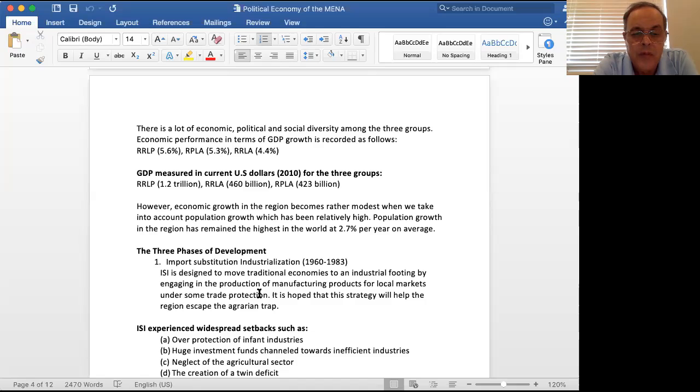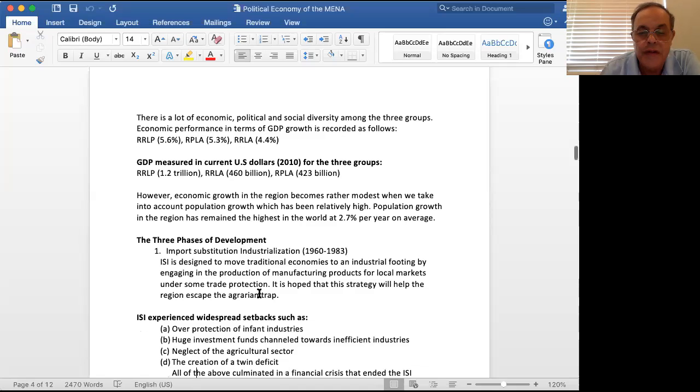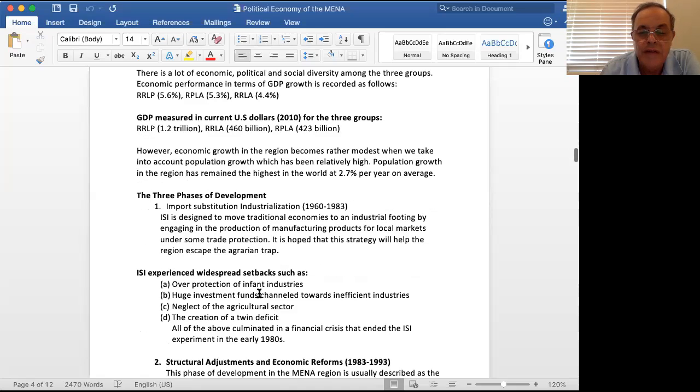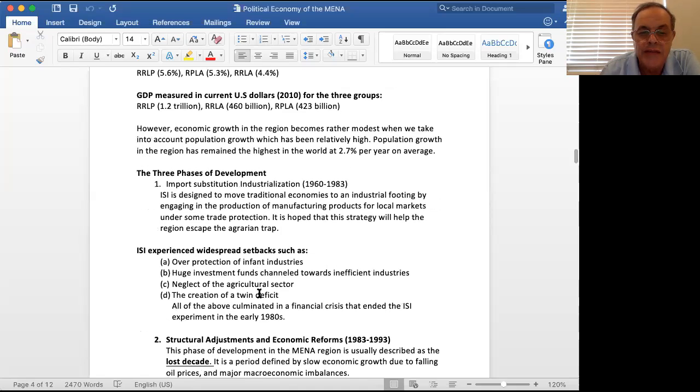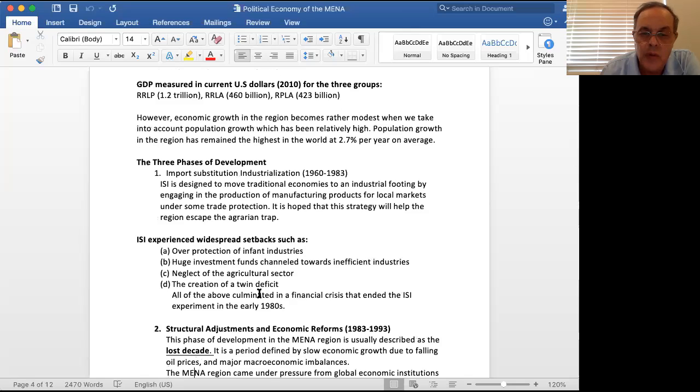Now, what went wrong with the ISI? Here I have listed a few things which obviously made the ISI strategy not perform as well as was expected. Number one, there was overprotection of infant industries.